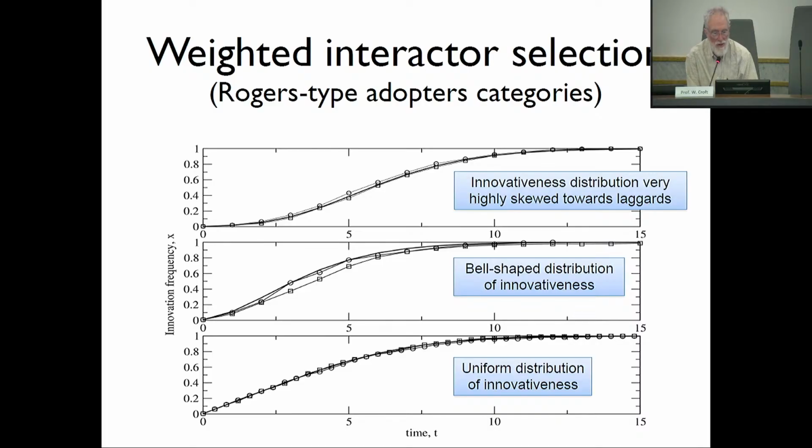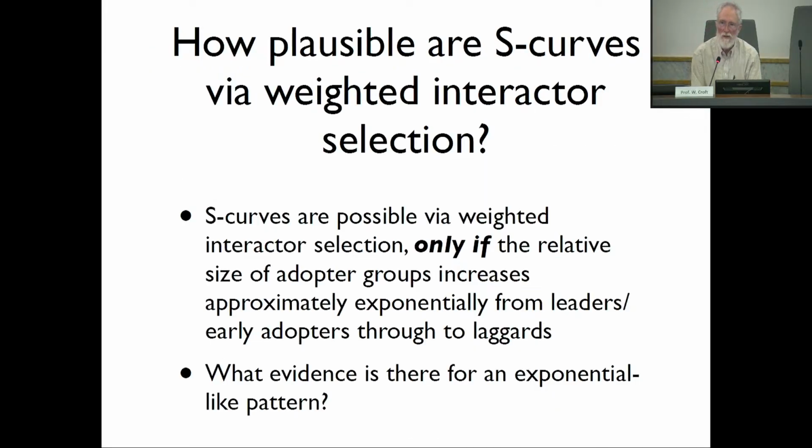So you need to have a model where the population group sizes are skewed towards the later groups. There's minimally one leader, a tiny handful of leaders, and progressively larger groups following them. So this is a case where we would say, here's a mechanism that can do it, but only under very special circumstances. And then we ask, do those circumstances actually hold in reality? So it's possible only if the relative size of the adopter groups increases, not just increases, but increases exponentially from the leaders down to the laggards.